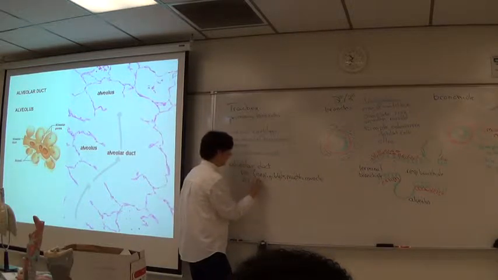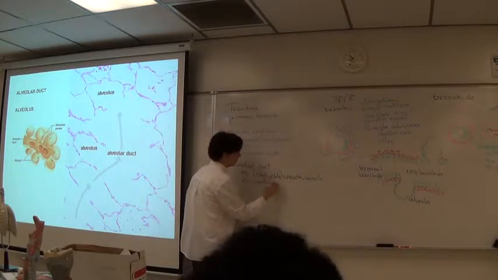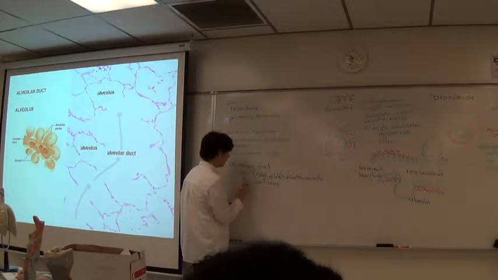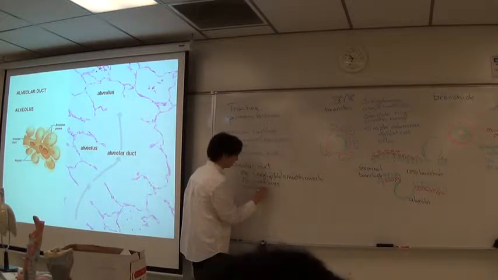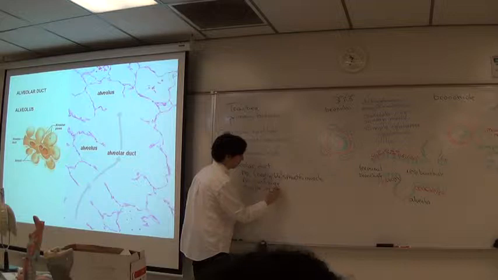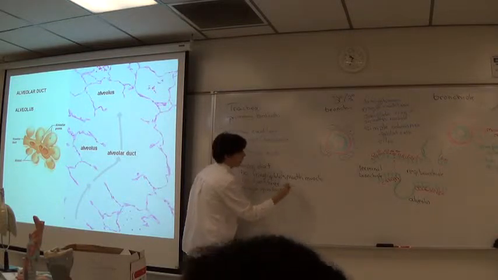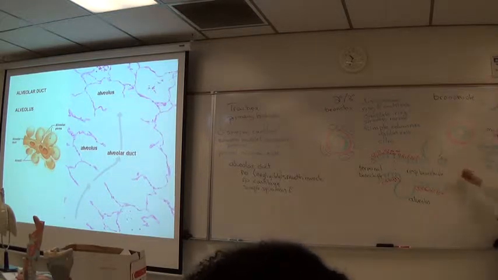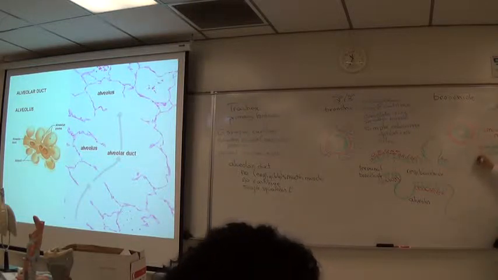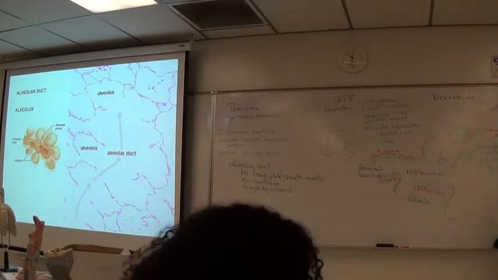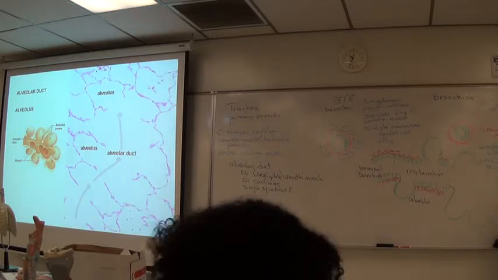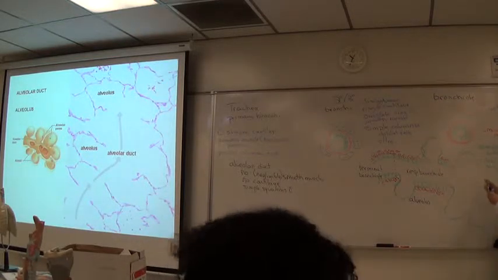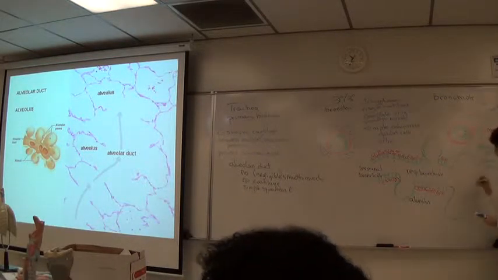No cartilage, obviously. And our epithelium is simple squamous. So essentially what we have is a large hallway with alveolar sacs that are widened, kind of opening up into it. So this whole structure here would be the alveolar duct.